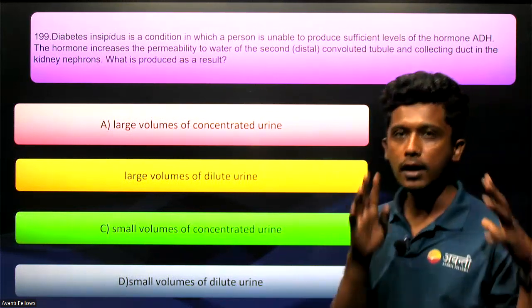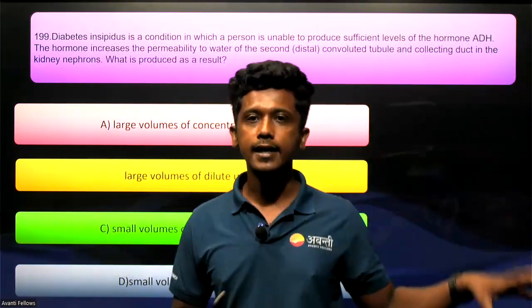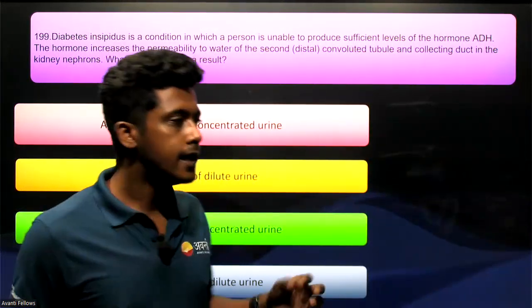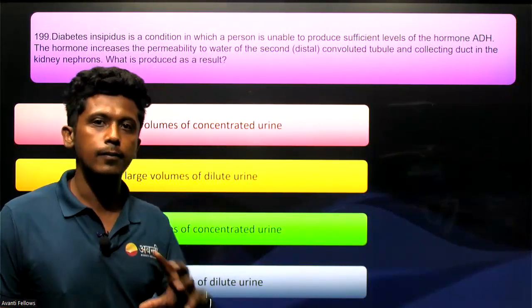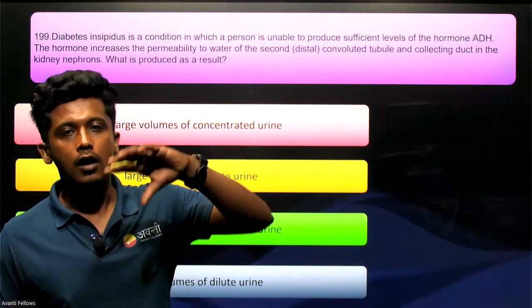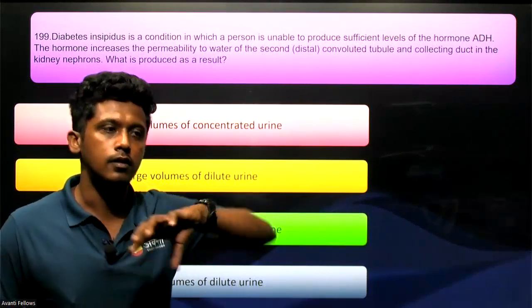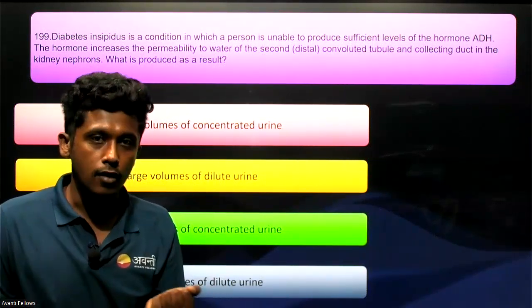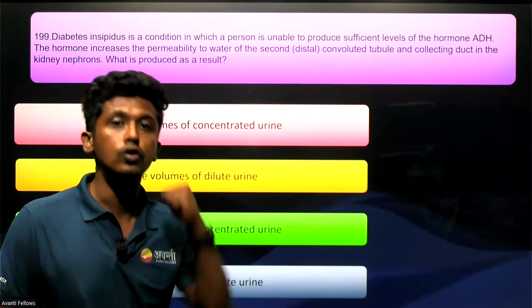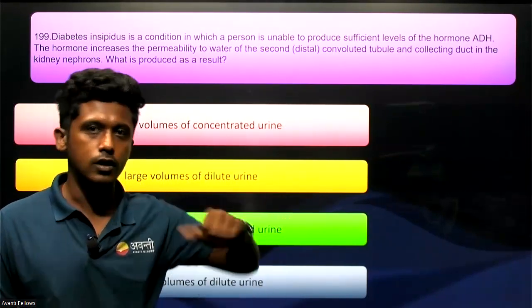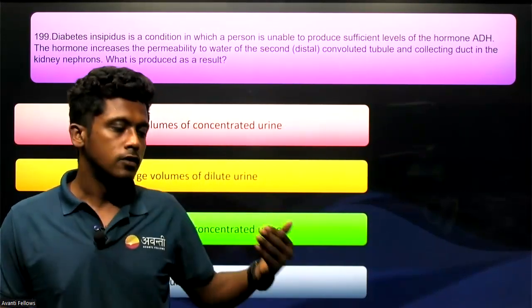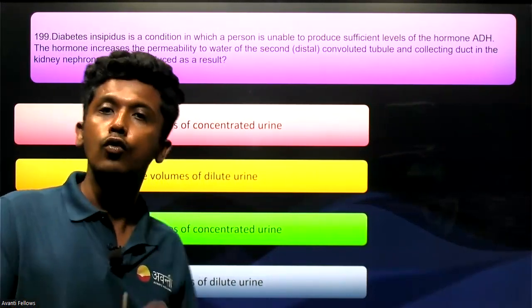So usually in the normal condition, what happens? We need antidiuretic hormone. What it does is it helps the water to move from a less hyperosmotic region to a highly hyperosmotic region. So this happens, and that leads to recovery of water.